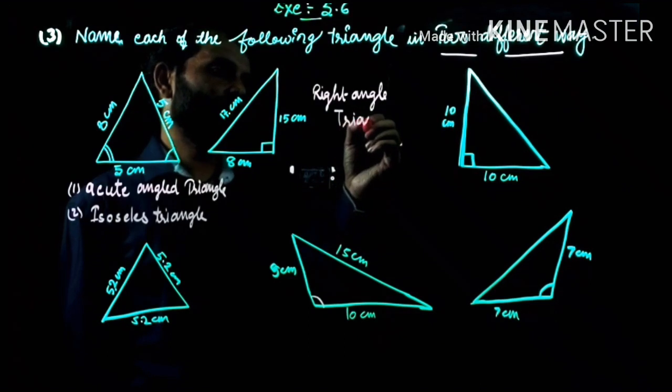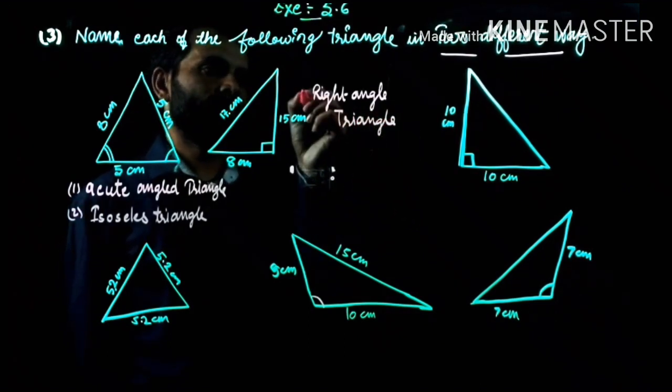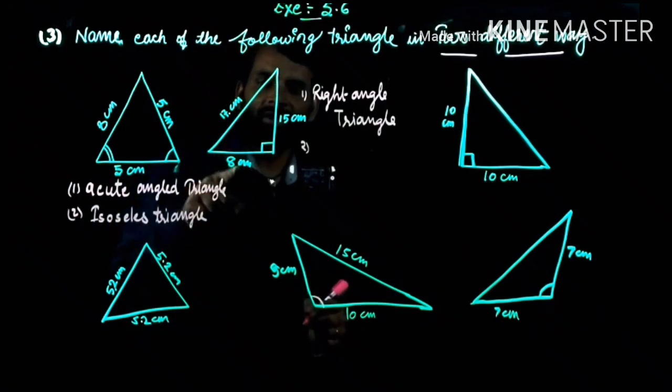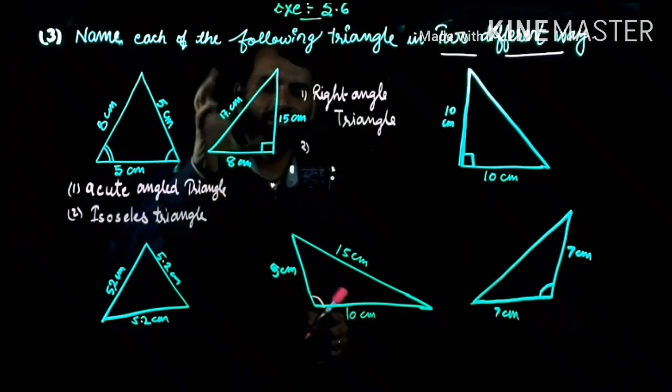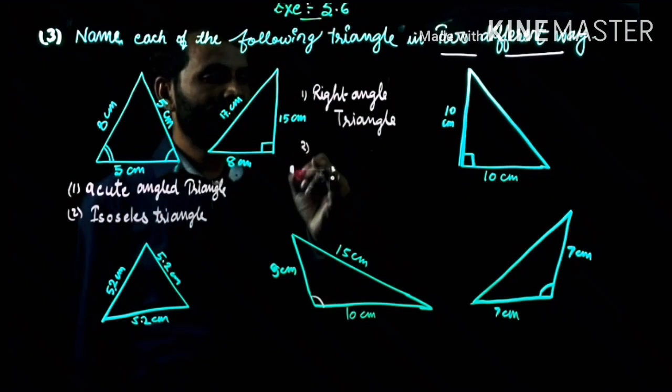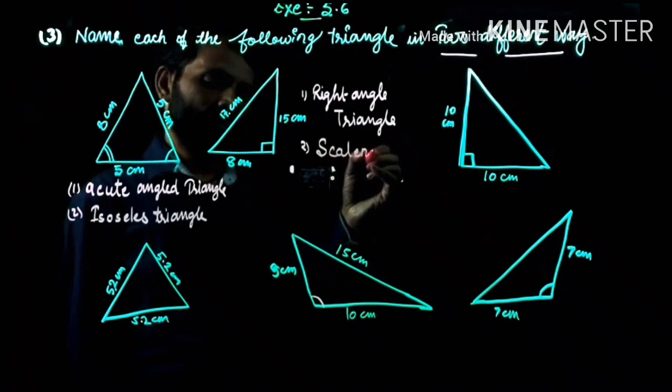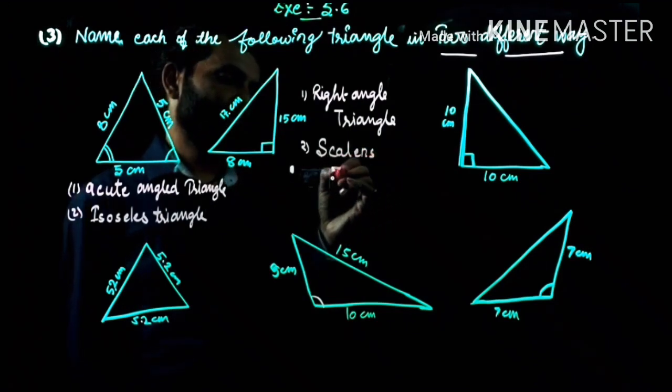That is the first name. The second name depends on the sides 8, 15 and 17. The three sides are not equal, with no relation, so this is a scalene triangle.